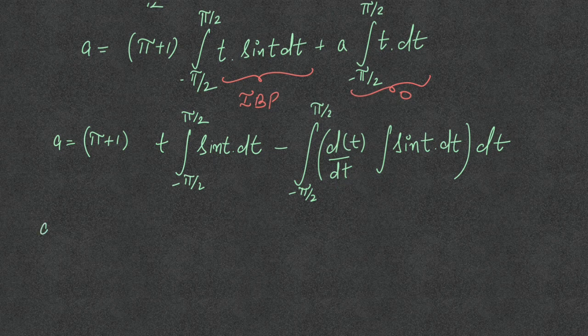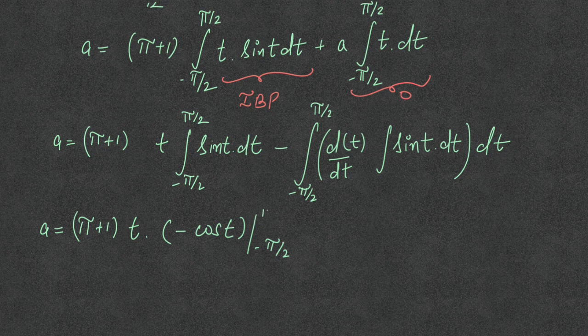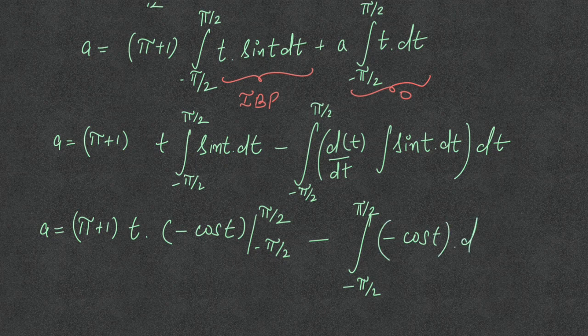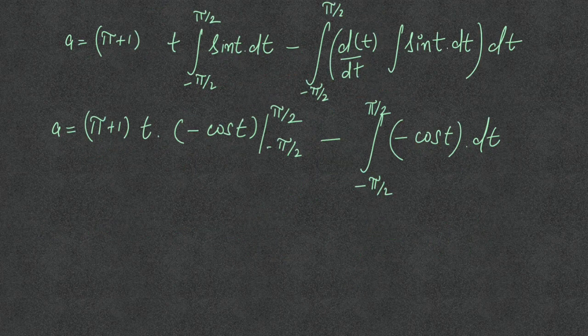So we are left with a is equal to (pi plus 1) times t into integration of sine, which is minus cos t, limits from minus pi by 2 to plus pi by 2, minus whole integration from minus pi by 2 to plus pi by 2, where dt by dt becomes 1, and the integration of sine t dt is again minus cos t with respect to dt. This (pi plus 1) is multiplying this entire thing here.